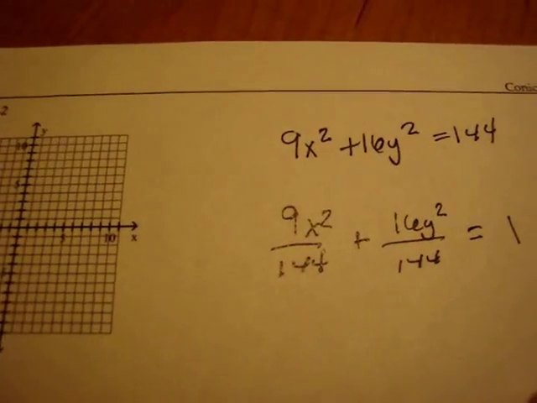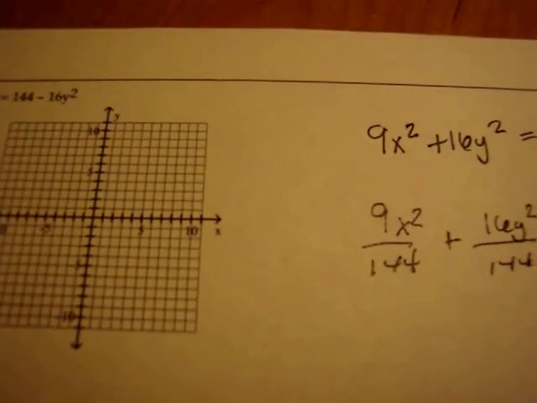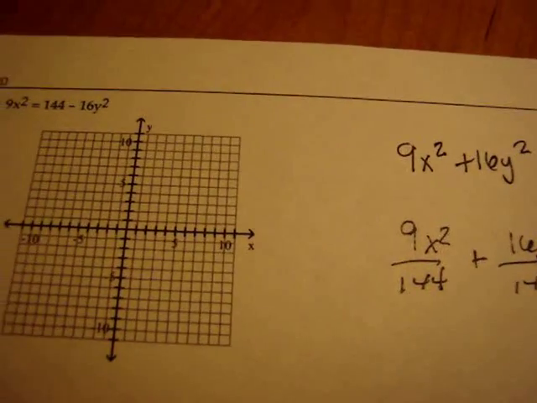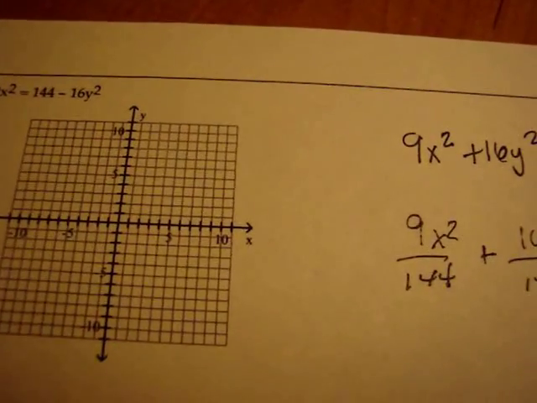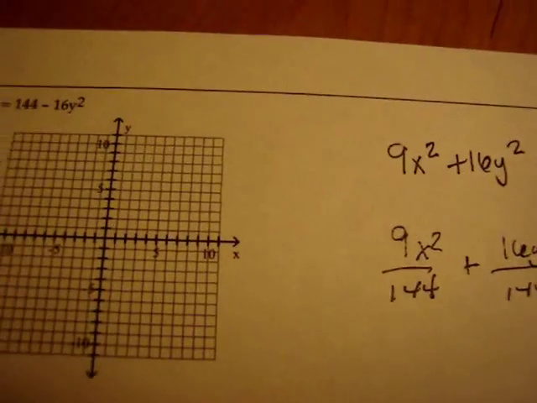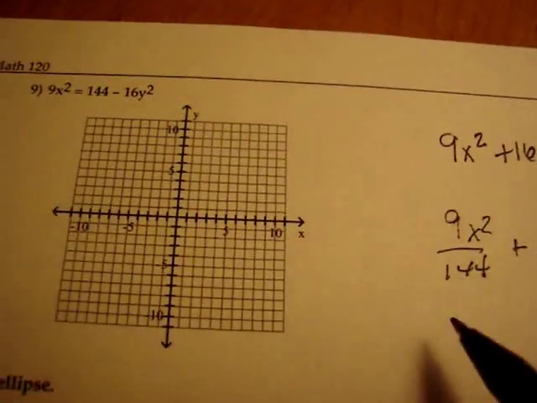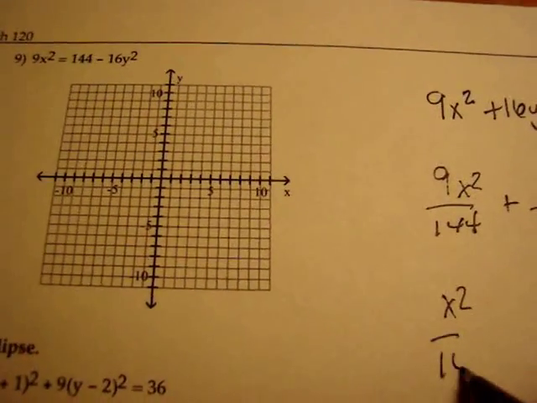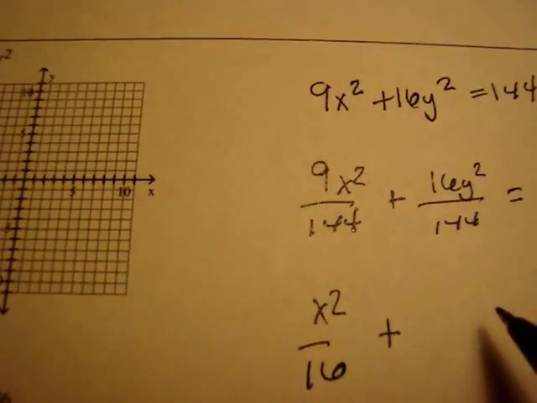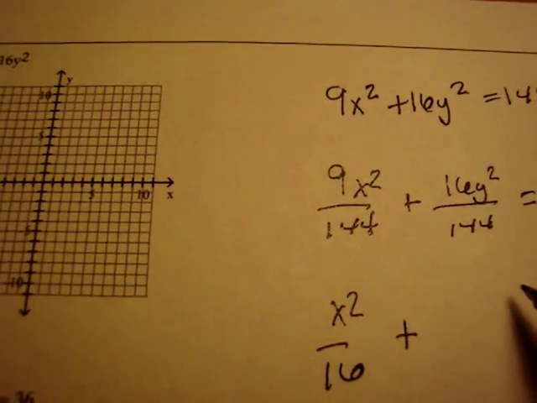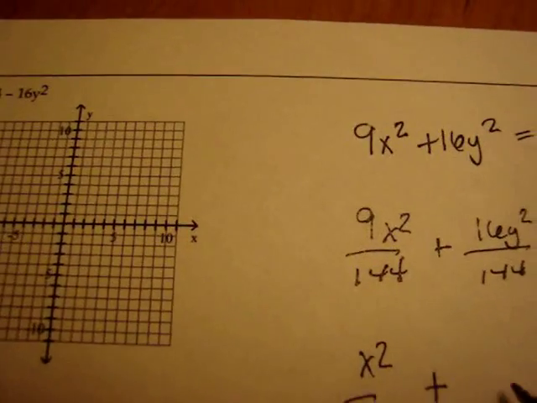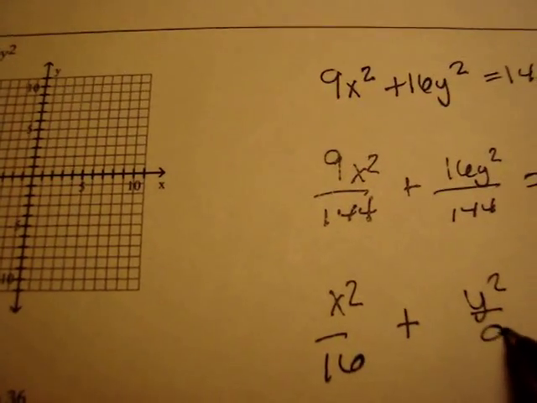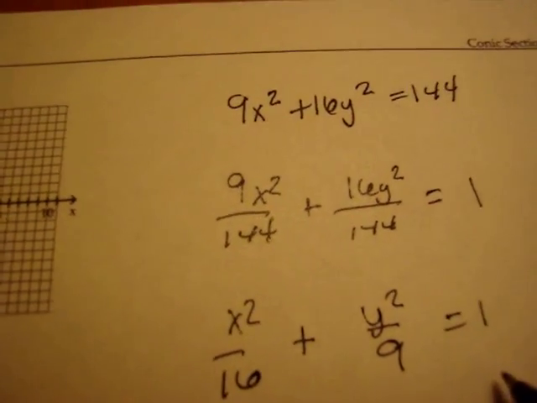Now you can't leave it like that. We need to reduce. So let's see, 9 over 144, turns out 144 is 9 times 16, so you will end up with x squared over 16 plus, next, we have 16 over 144 with our y squared, so that will become y squared over 9, and that equals 1.